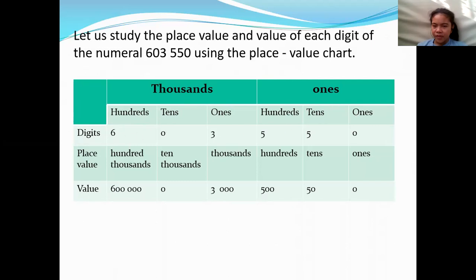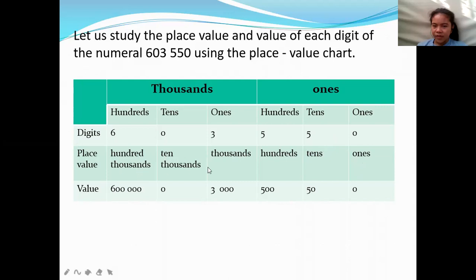So what is the place value of 0, the last digit, di ba? We are going to start with ones, tens, hundreds, thousands, 10,000s, 100,000s.